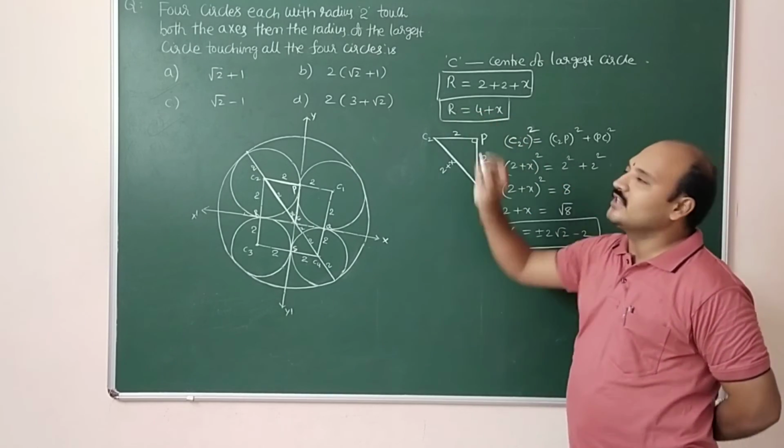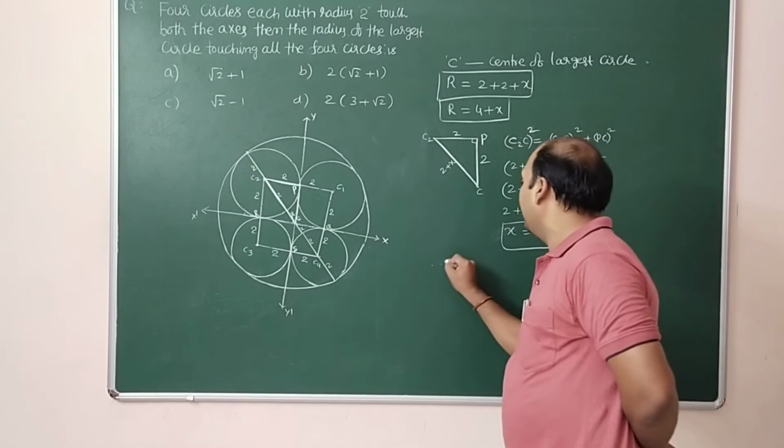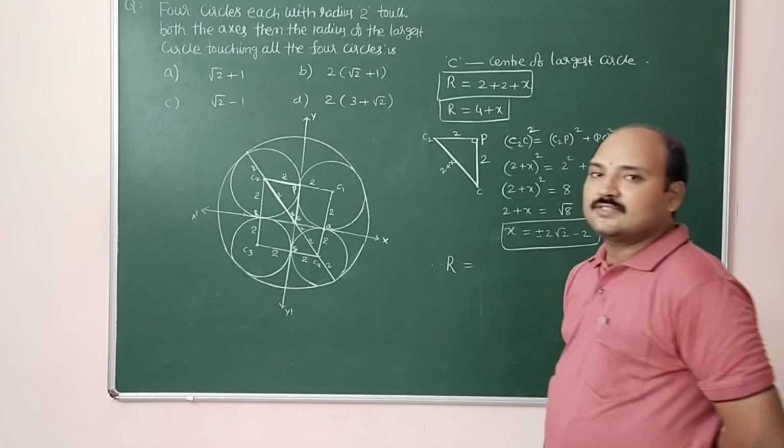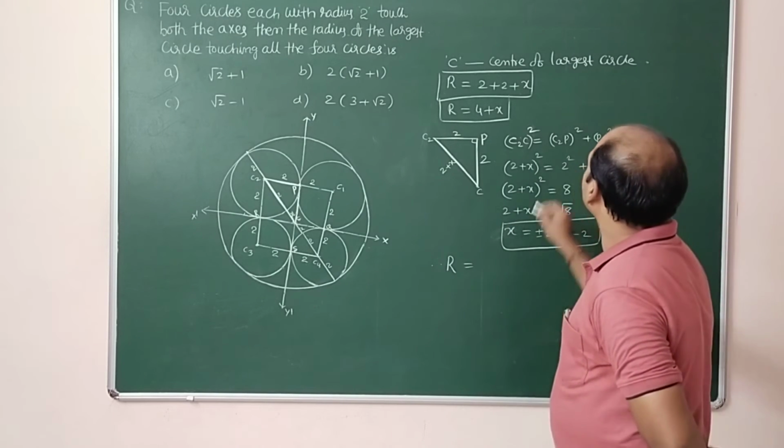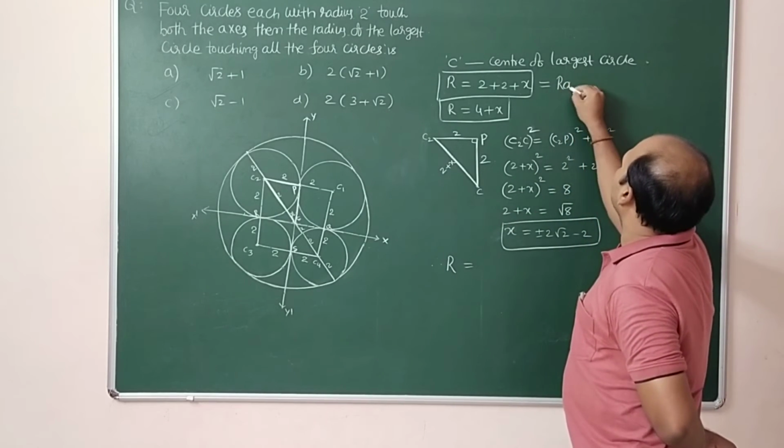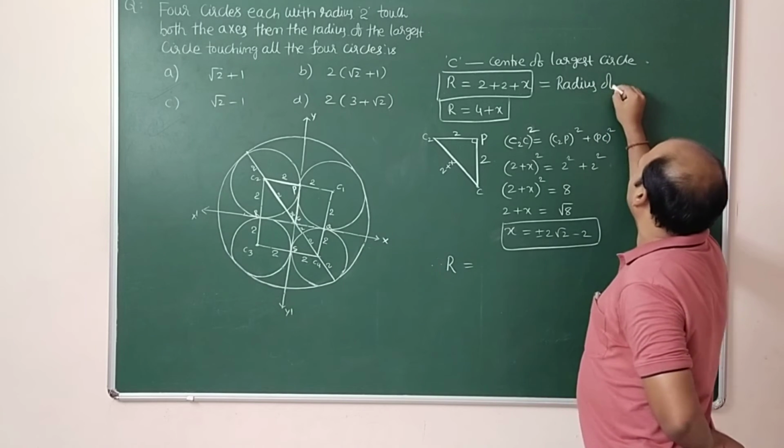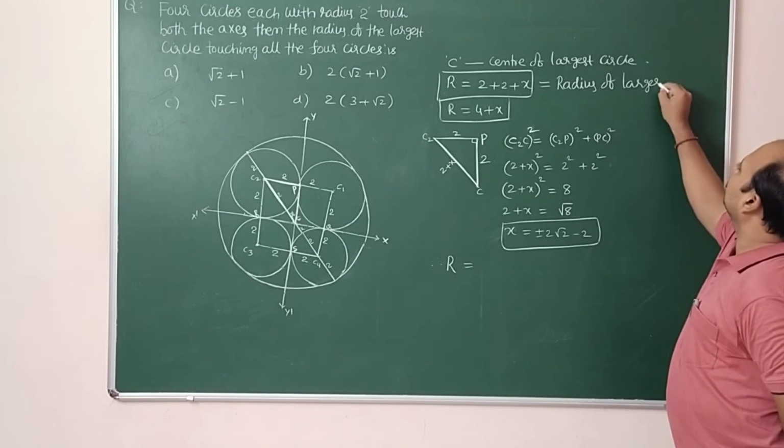So this x value we substitute in the required radius, capital R, the radius of the largest circle.